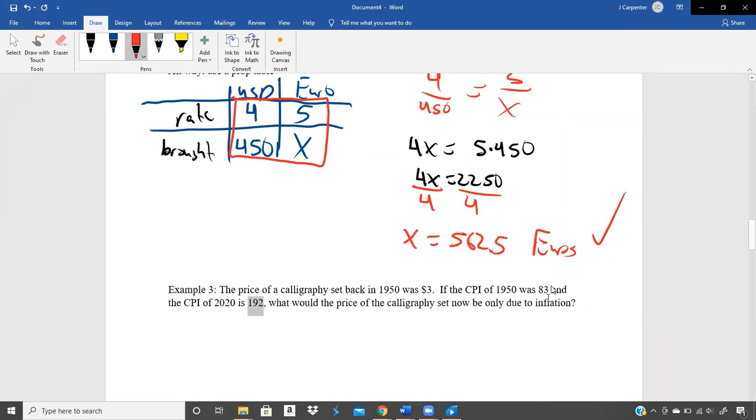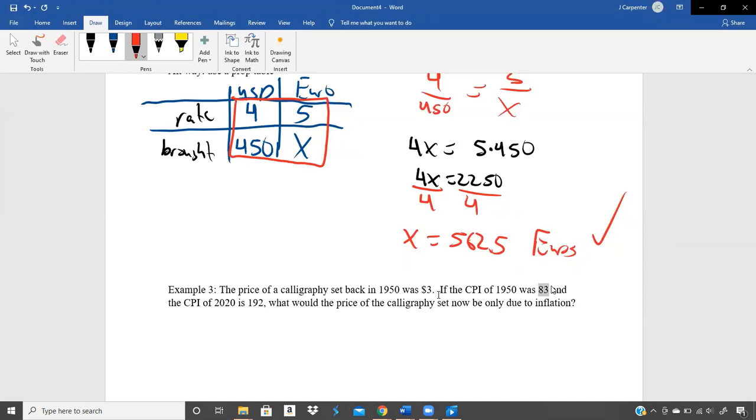So this is just a number that you would find from a table. I made it up on the spot. It's not 83, nor is 2020 192. But if it was, then that would say that if you only considered inflation, you didn't consider the fact that some goods drop in value, we're going to say that the calligraphy set scales exactly with inflation. No store is just marking it up for the point of extra profit.